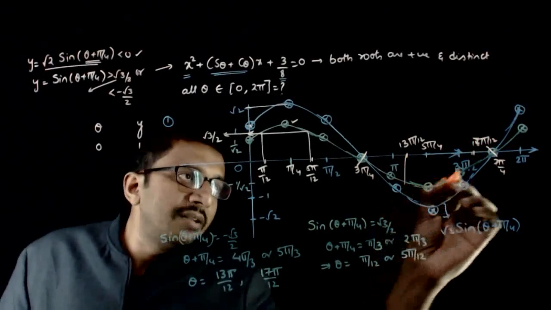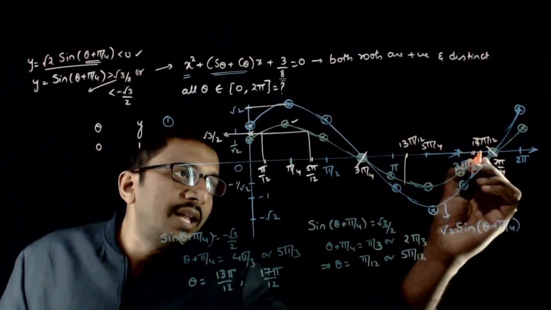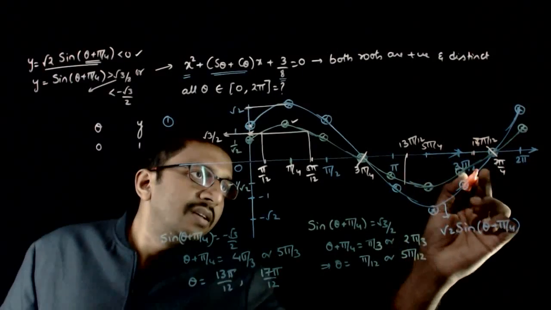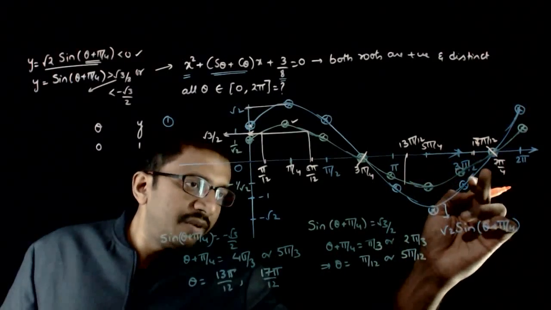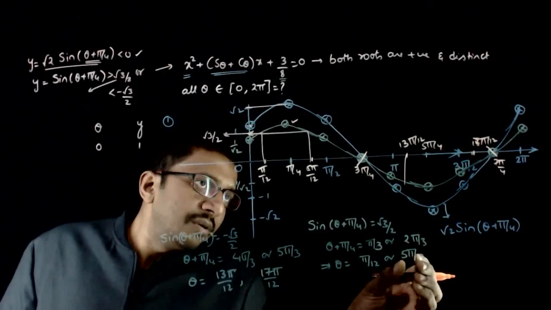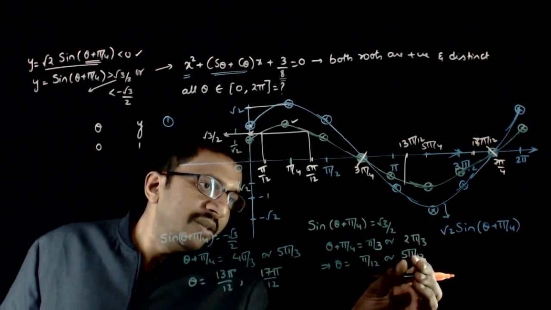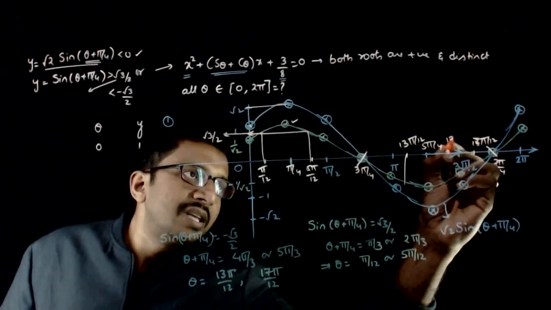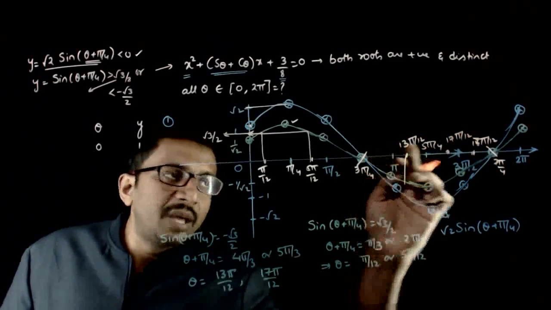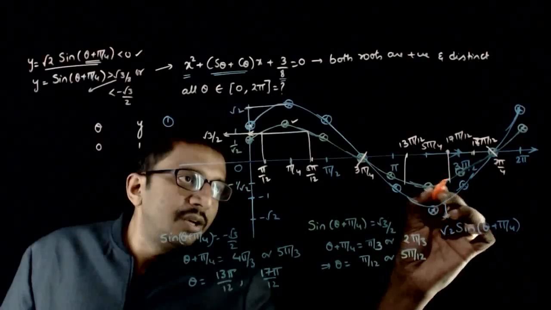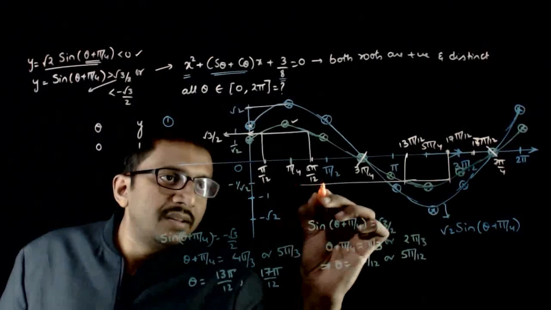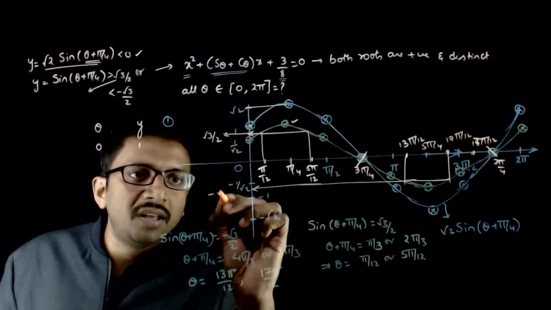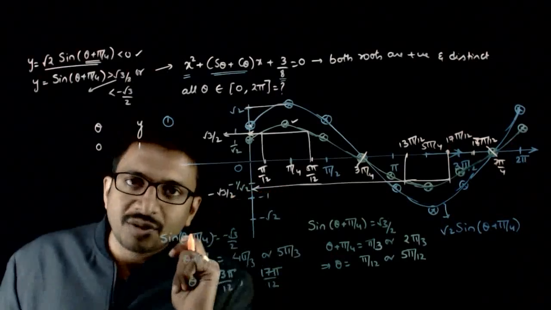So this is 3 pi by 2, this is 7 pi by 4. This value will be less than 3 pi by 2, that is, this value will be somewhere here, not here. 17 pi by 12. So 13 pi by 12 and 17 pi by 12 are the two values where the value of the curve is exactly equal to minus root 3 by 2.